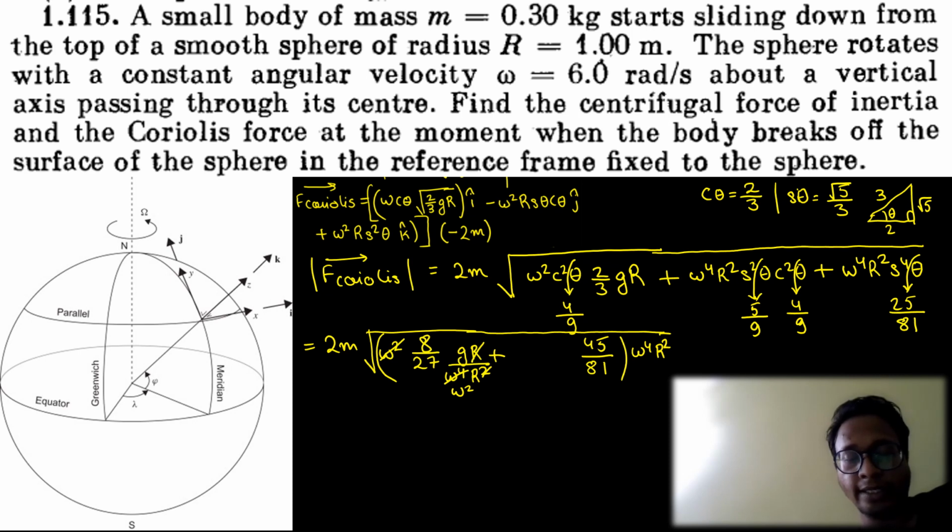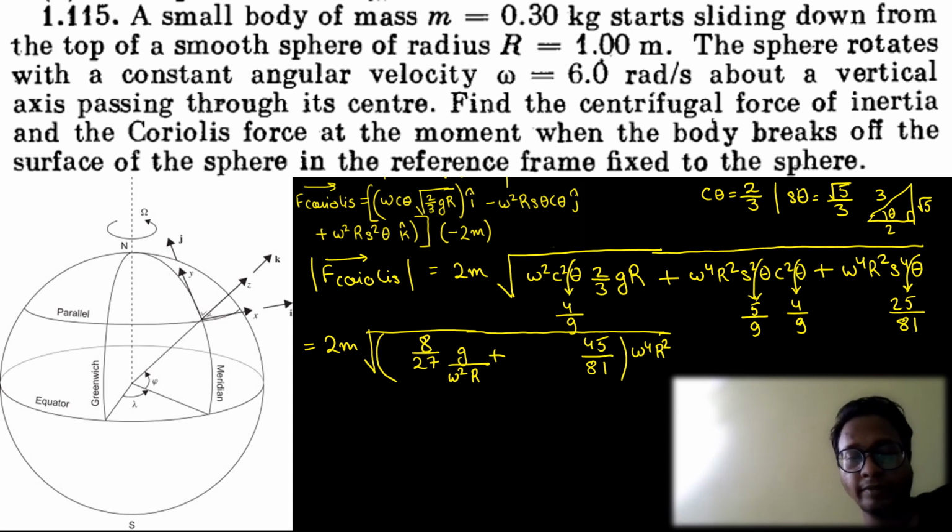So if I write this neatly, this would disappear. This omega 4 would become omega square, and r would become r. This would be the value you would get. Now let me write this a little bit neatly: g by omega square r, 8 by 27.